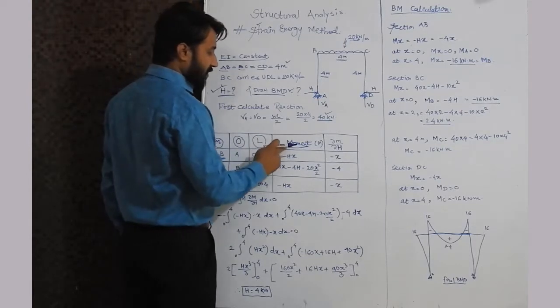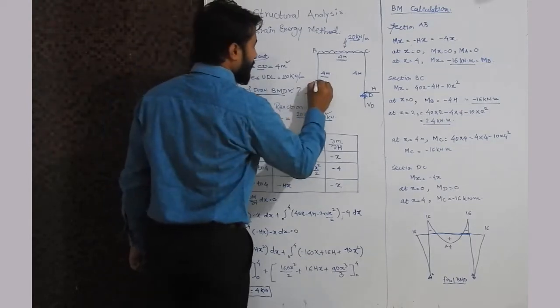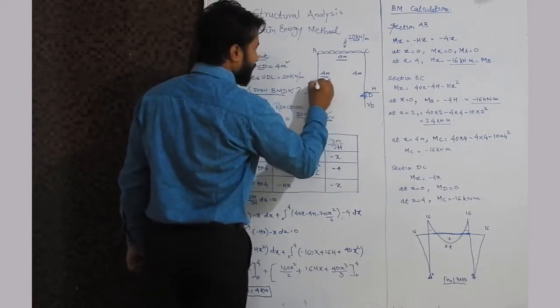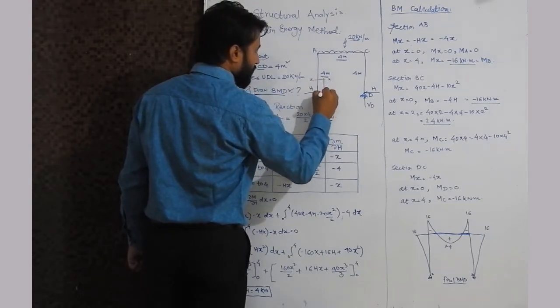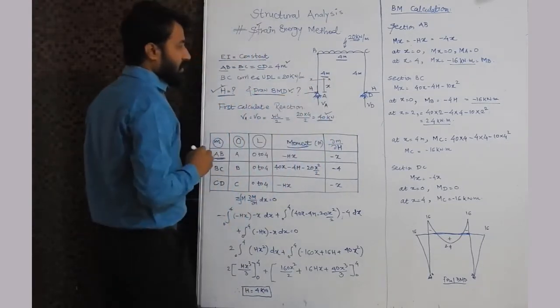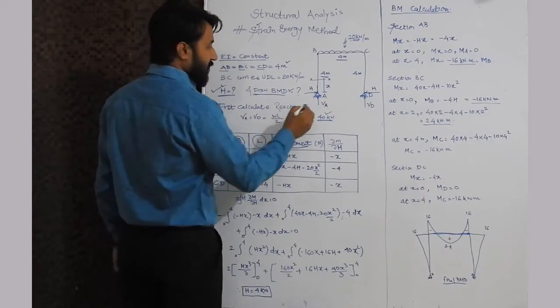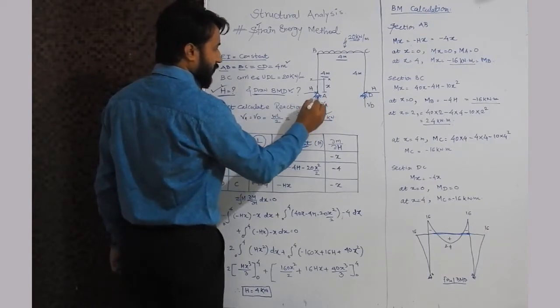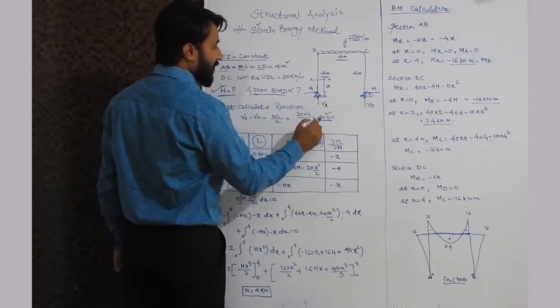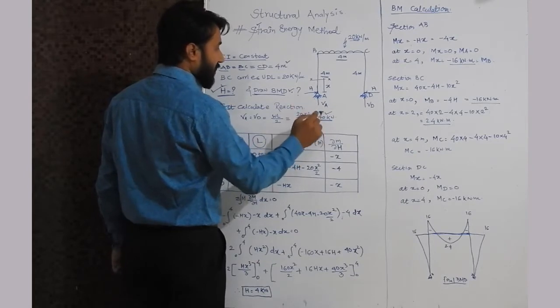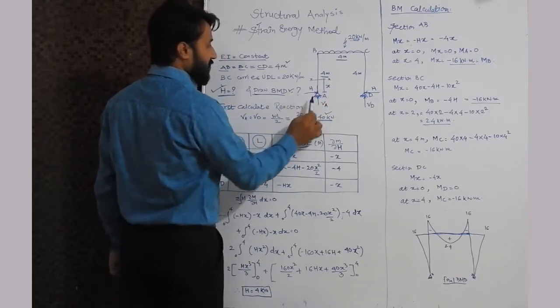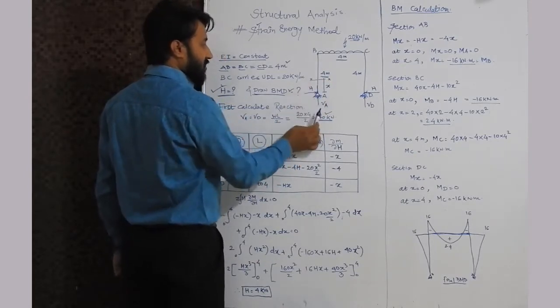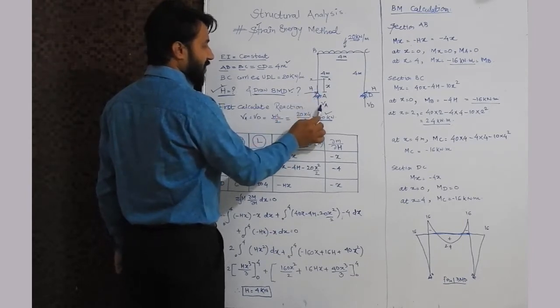Now we have to calculate the moment. We will make a section at a distance of x from A. Now which moments will act? First the force VA, having an intensity of 40 kN, but it passes through the axis and has no distance, so this moment will be 0.